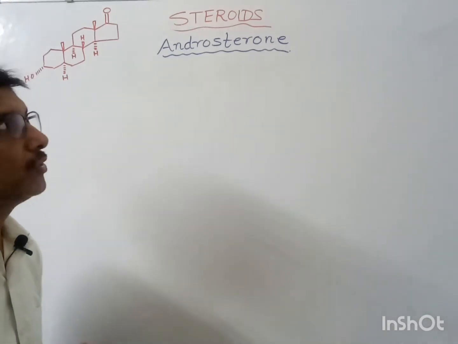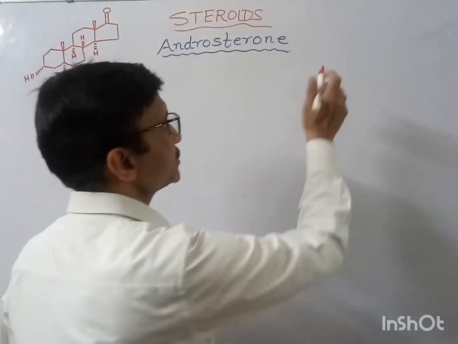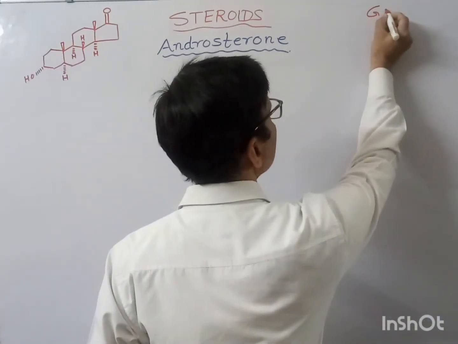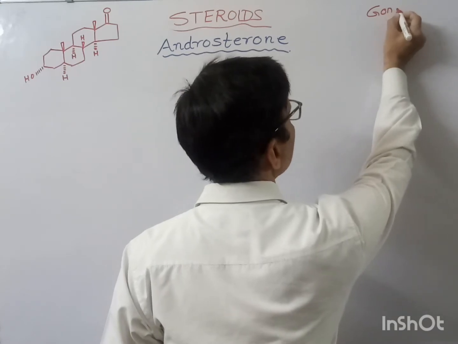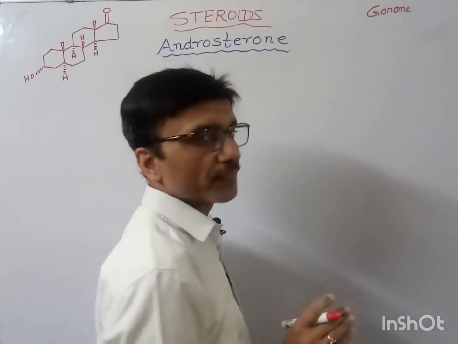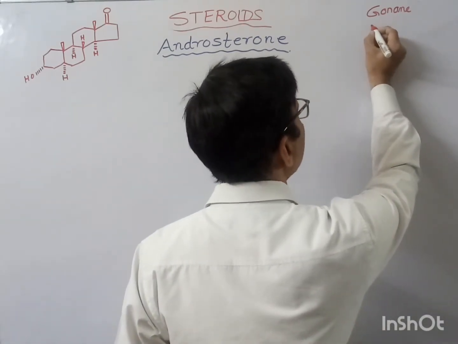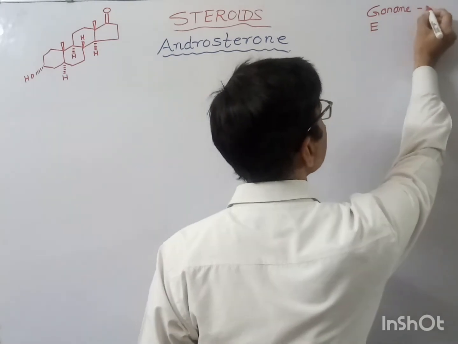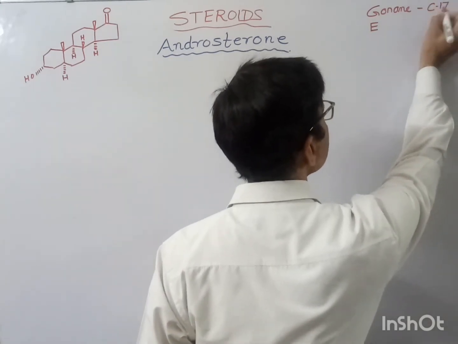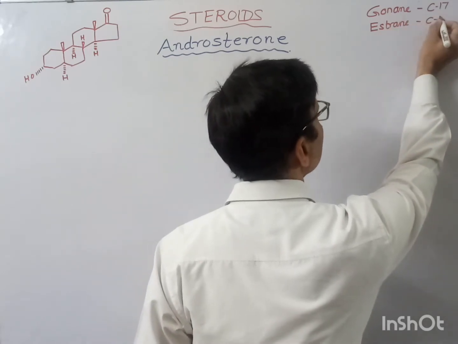So what I told you in the nomenclature of steroids: first is the gonane nucleus, one of the derivatives of the steroidal nucleus. Then I told you after gonane, estrane. So gonane is the C17 nucleus, and estrane is the C18 nucleus.